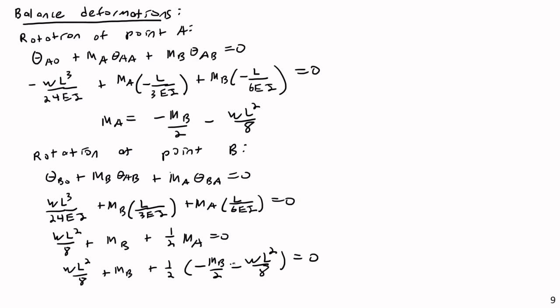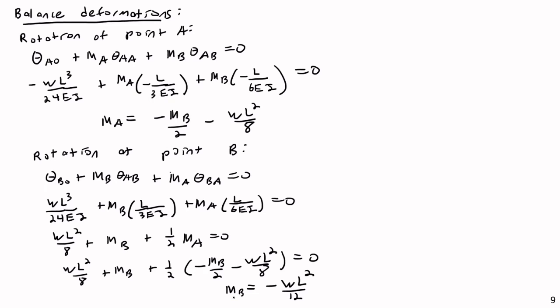Let me double check this. WL squared over 8 plus MB plus 1/2 of negative MB over 2 minus WL squared over 8. Yep, we're good there. If you work through a whole bunch of messy algebra and solve for MB, you will find that MB is equal to negative WL squared over 12. Negative WL squared divided by 12 is the final form of the moment at B.